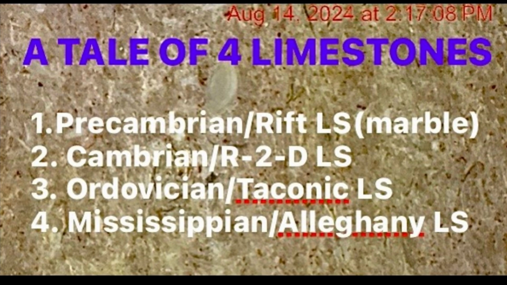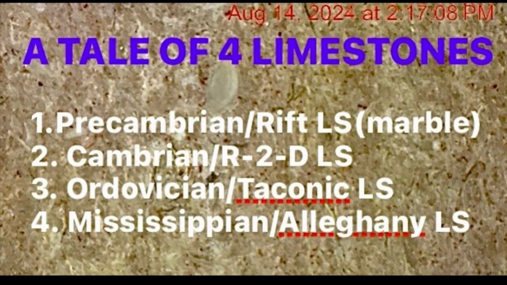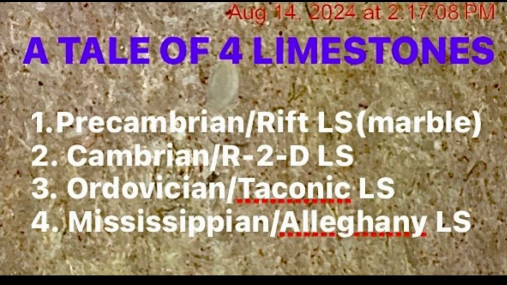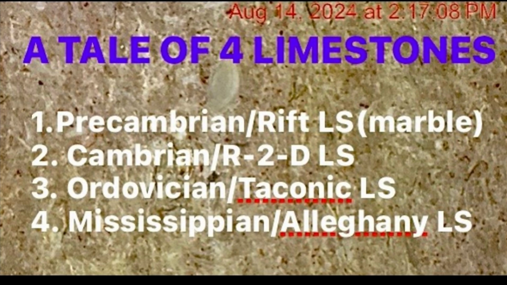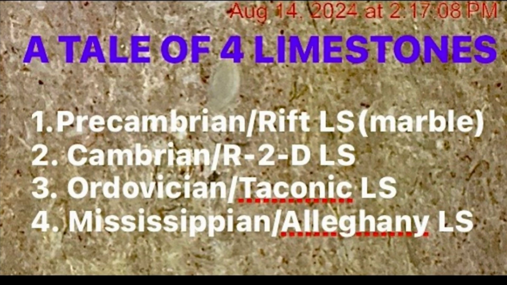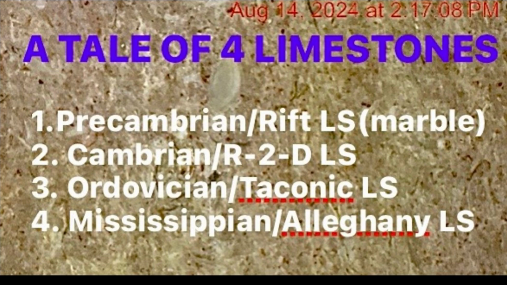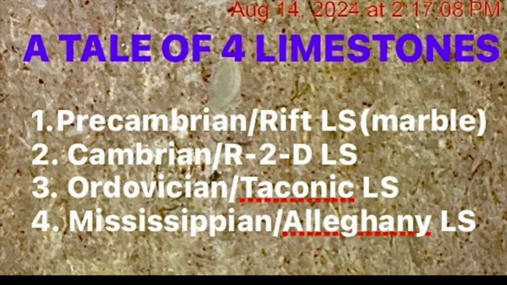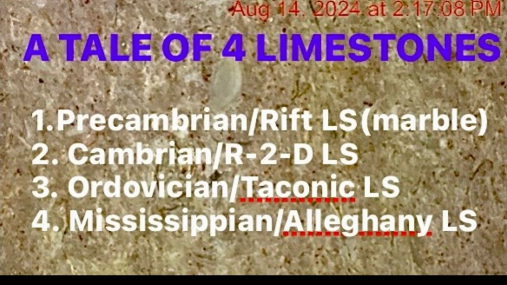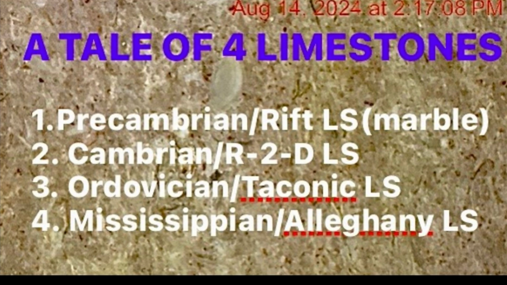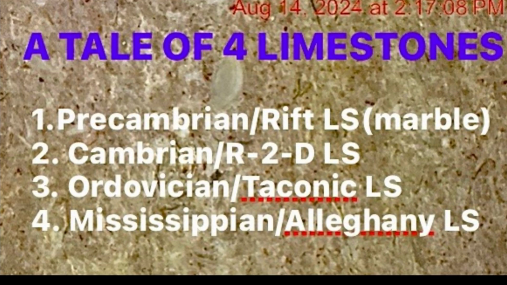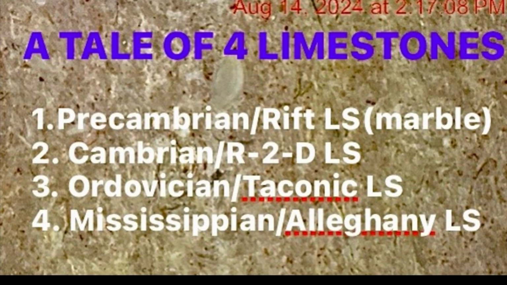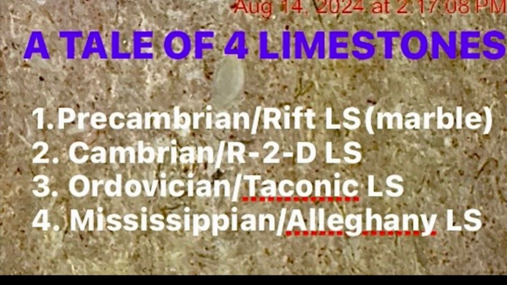Our second limestone is Cambrian rift-to-drift limestone, and we'll talk about what rift-to-drift means. Our number 3 limestone is Ordovician Taconic orogeny limestone. And at number 4, we have Mississippian period Allegheny orogeny limestone.